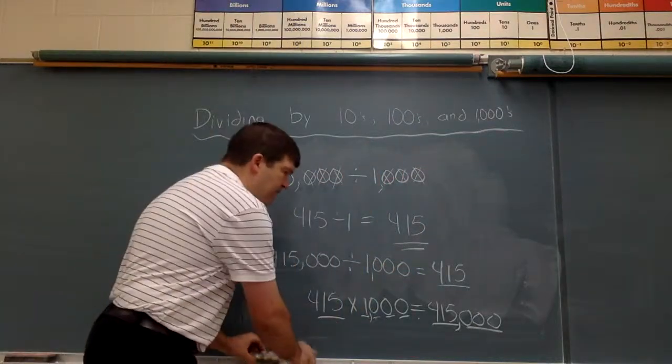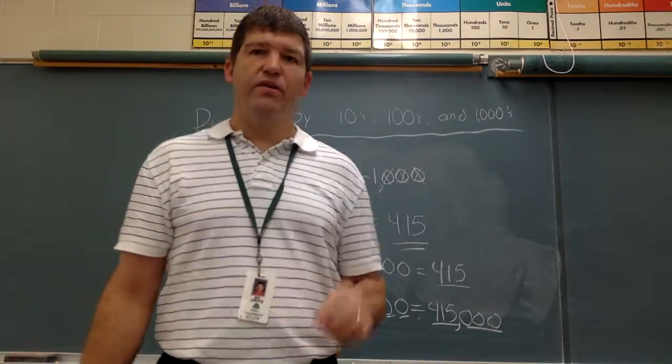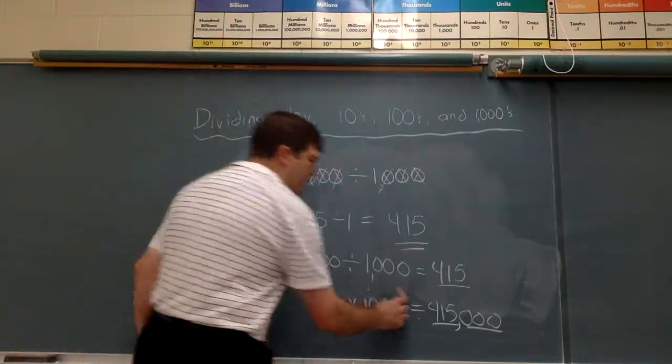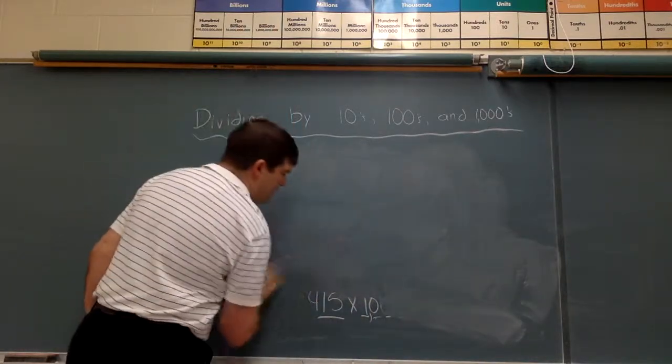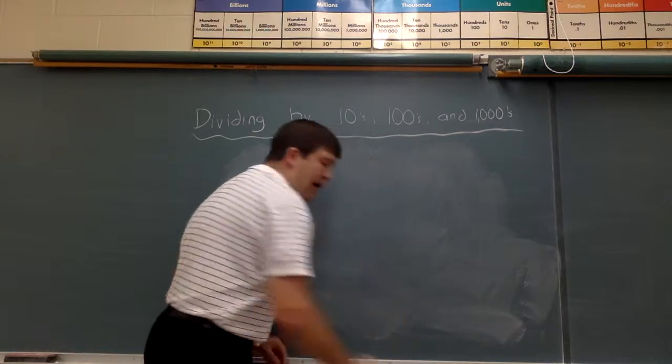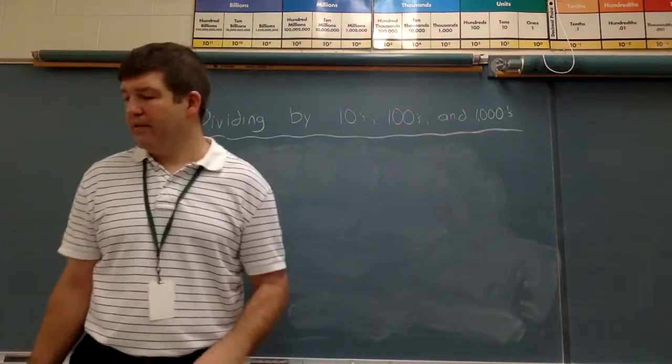Okay, now, that's if it's divided by 10, or divided by 100, or divided by 1,000. Now, what if we have a number divided by more than 10, or more than 100, or more than 1,000? So let's do that.